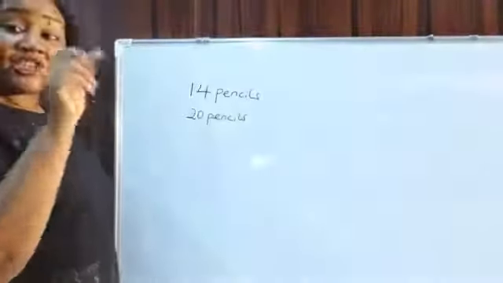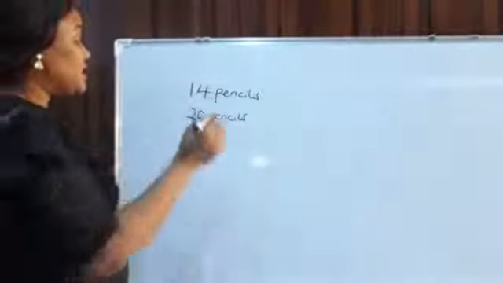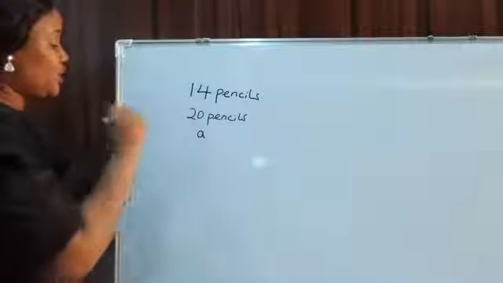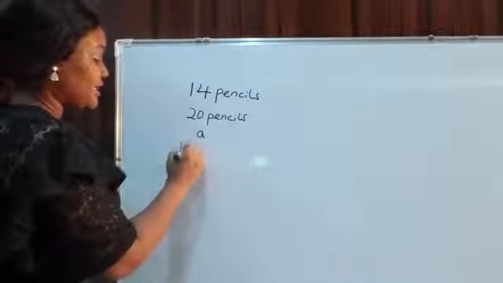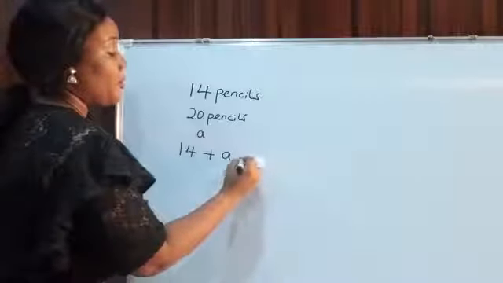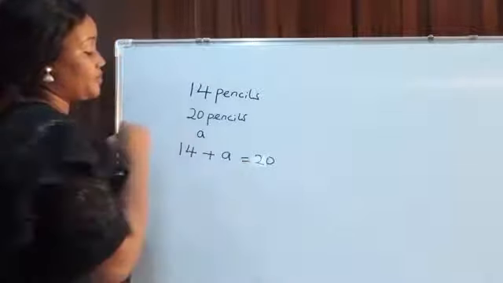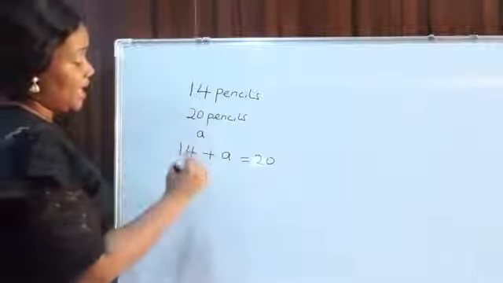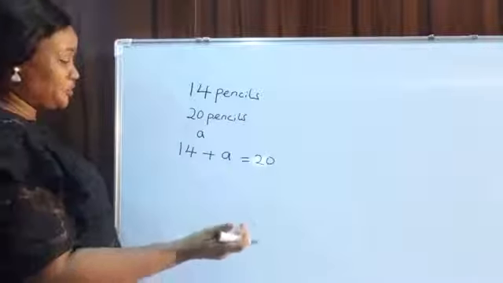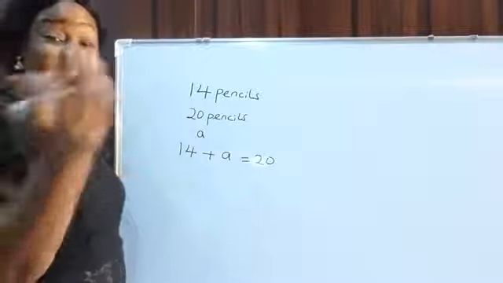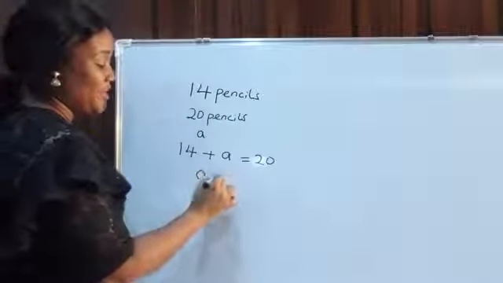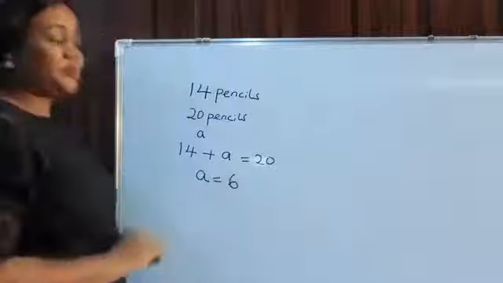And that extra number of pencils you need, let's call it A. So you have 14 plus A equals 20. So what do you add to 14 to make it up to 20? You all know it's 6. So you have A equals 6.